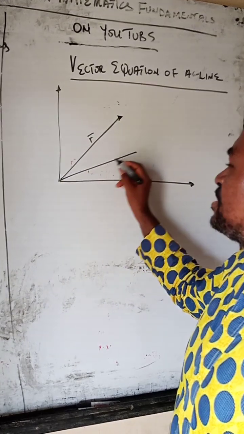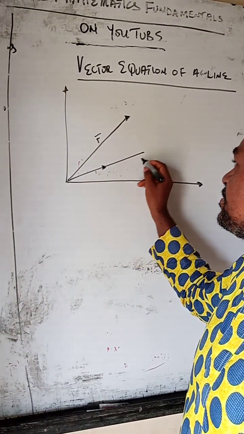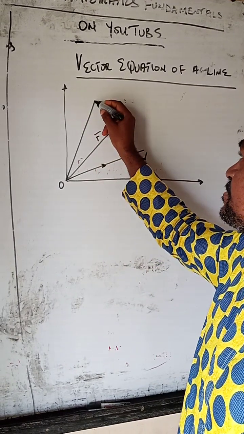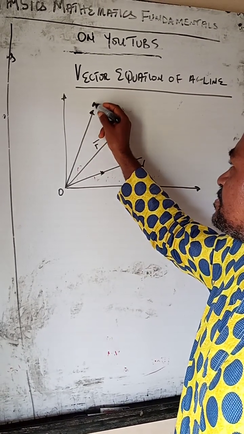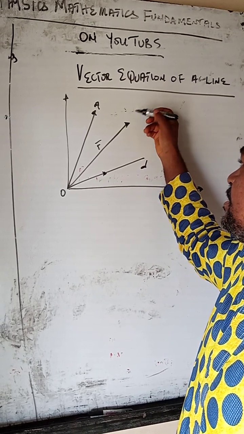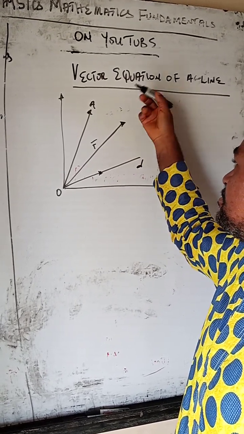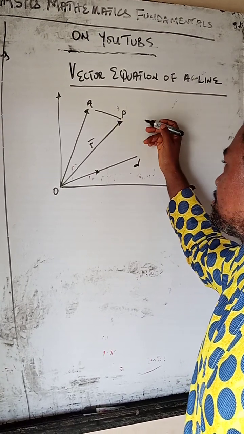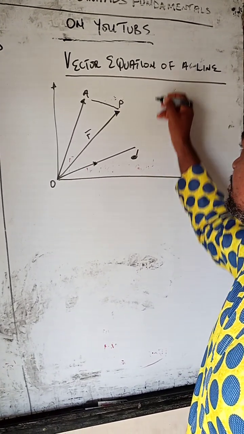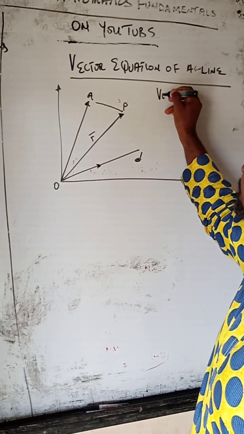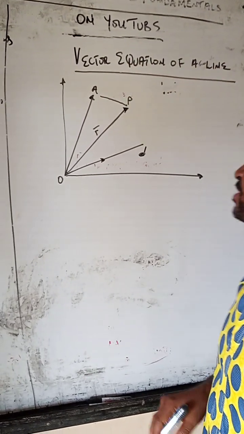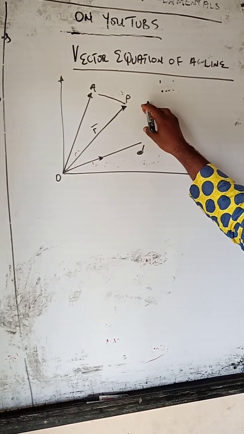Then I have a directional vector D. Let's say I have a vector A at this point here. Let's call this line AP. Now we want to determine the vector equation of the straight line relating to this expression that we have here.